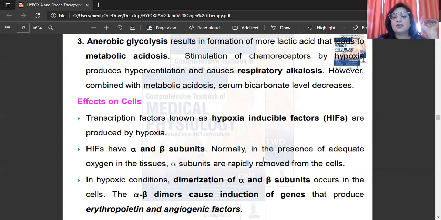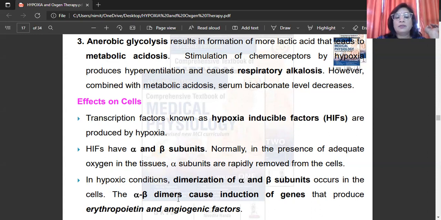Normally, in the presence of adequate oxygen in the tissues, alpha subunits are rapidly removed from the cells. In hypoxic conditions, dimerization of alpha and beta subunits occurs in the cells.